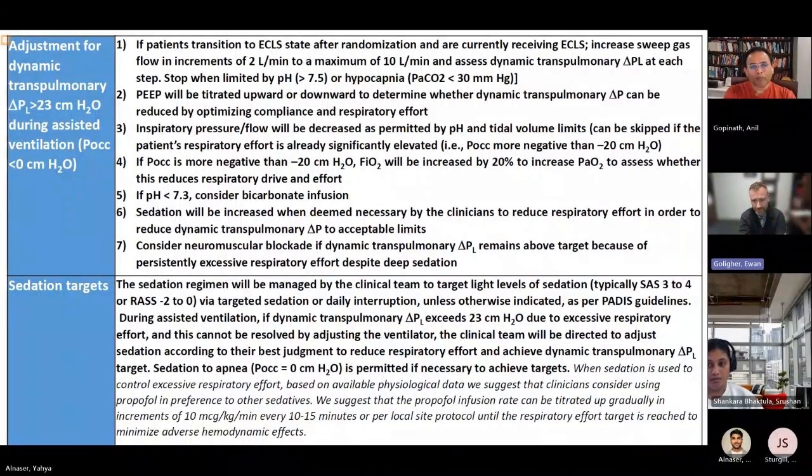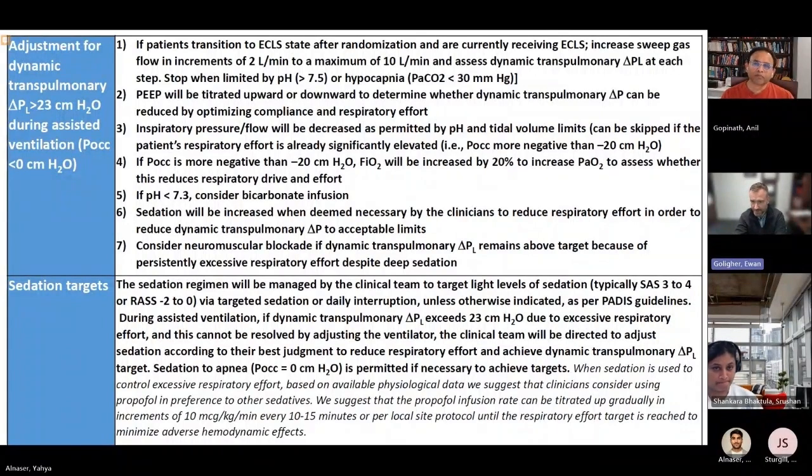If the measured lung distending pressure is over 23, here's what we propose as a stepwise approach to managing the problem. First of all, if the patient happens to be on ECMO, a very powerful tool for controlling respiratory effort is often increasing the sweep gas flow. You can increase the sweep gas flow, and often you won't see any change in the blood gas.